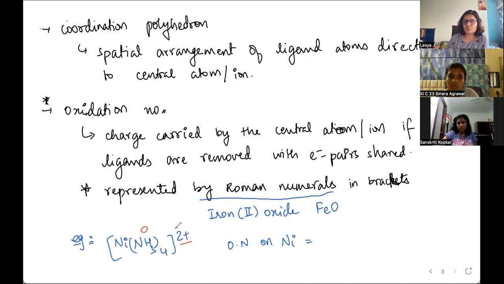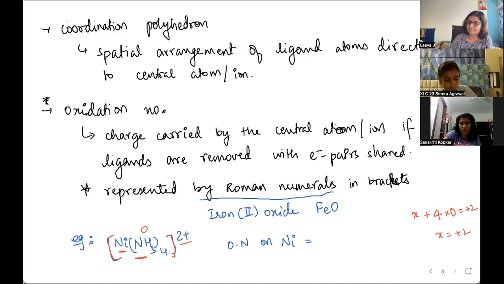The overall charge of this whole thing must be 2+. Whatever species are inside, adding all of them, you should get 2+. We don't know Ni, so take that to be x. We have 4 ammonia molecules, ammonia is neutral, so x plus 4 times 0 equals +2. So x will be +2. The oxidation number on nickel will be +2.